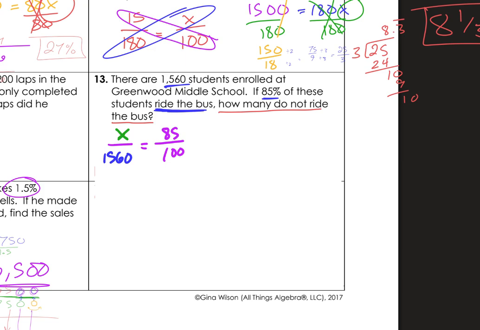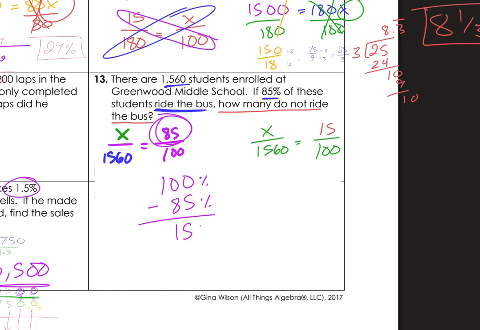So if we were to find how many don't ride the bus, here's how you could do that problem. What if you just looked for the 15% who don't ride the bus? And if I just blew your mind, 85% ride the bus. Well, 100% minus 85% is 15%, right?